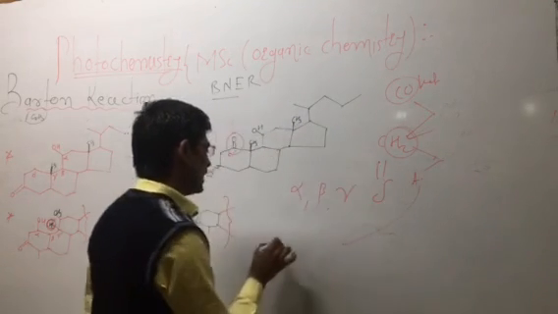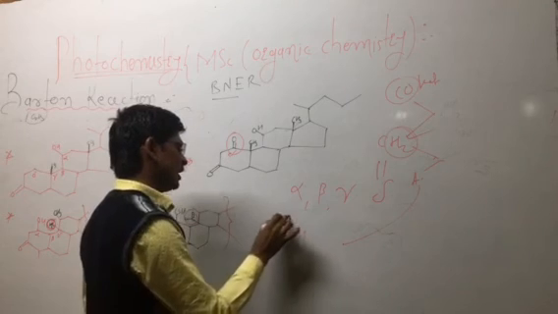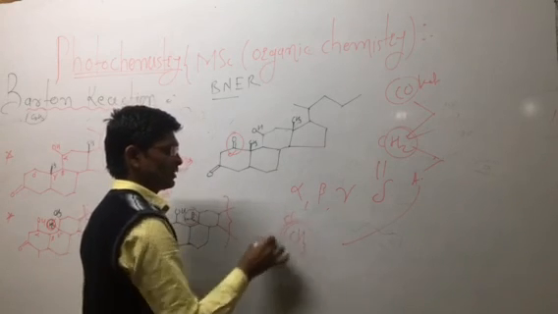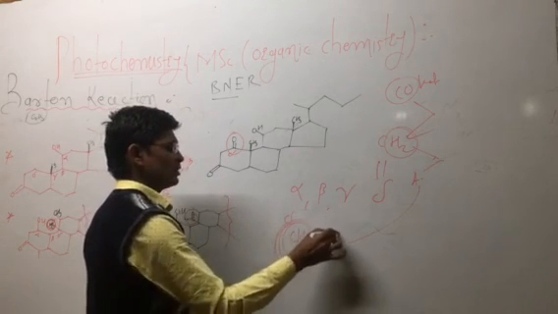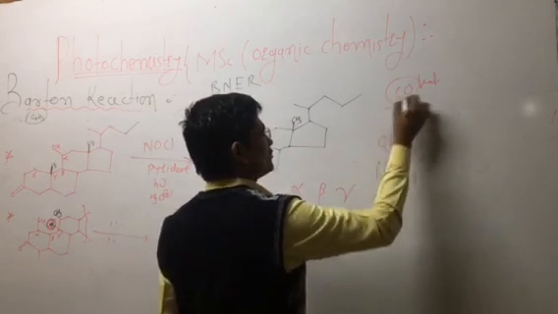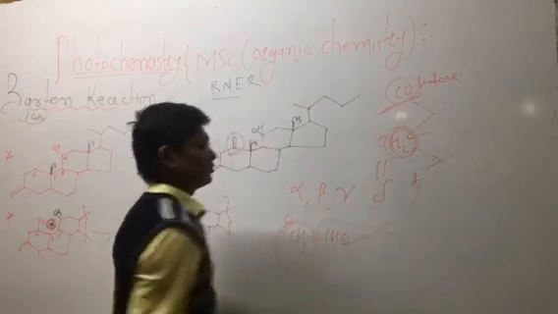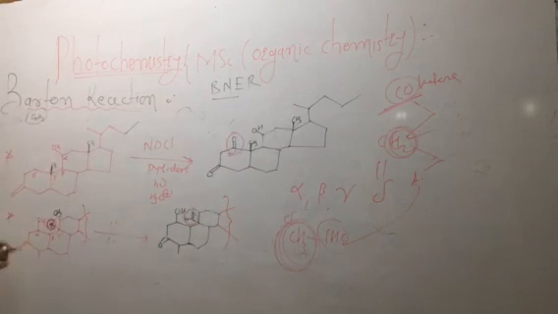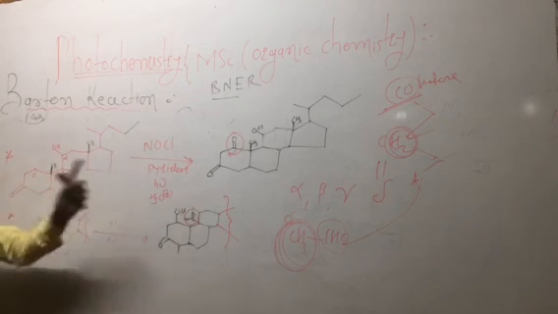Whenever the delta carbon atom has a CH3 group, there is always formation of CHO. Whenever the delta carbon atom is a CH2 group, there is always formation of a ketone. So this is an application of the Barton reaction: CH3 converted into CHO, or CH2 converted into a CO ketone.